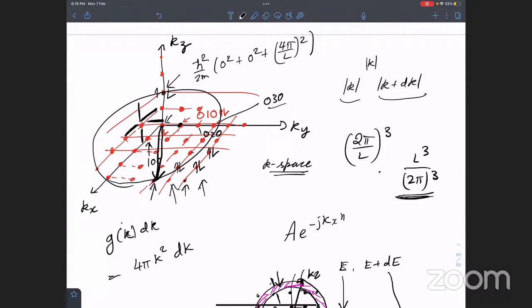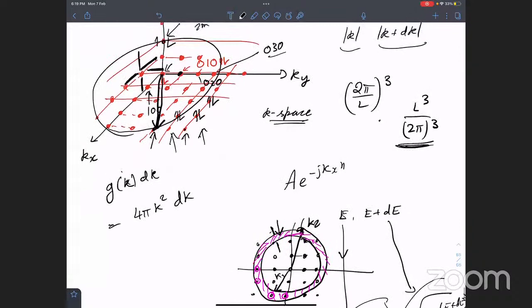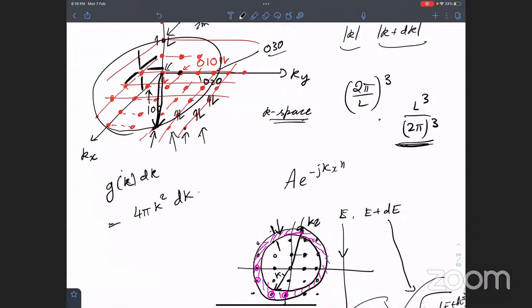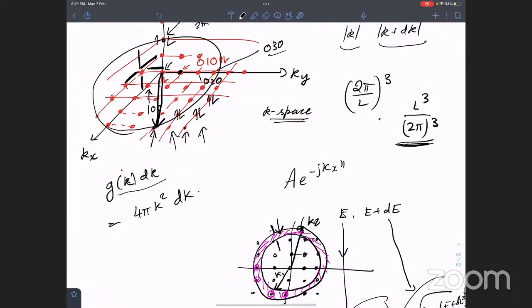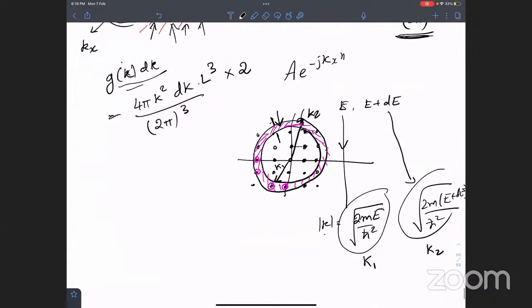But I'm interested in how many such points are lying in this particular shell. So I'm going to multiply this. G of k, the number of states that I'm interested in counting, is nothing but L cubed by (2 pi) cubed times the shell volume. I have to multiply this by 2 because each state has 2 spin states. So what is the answer?